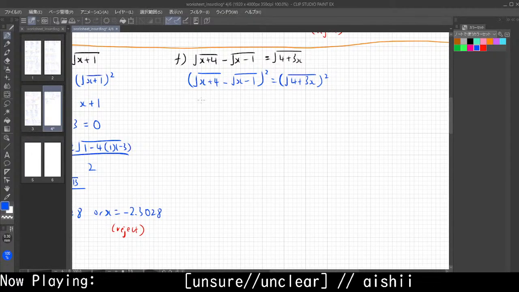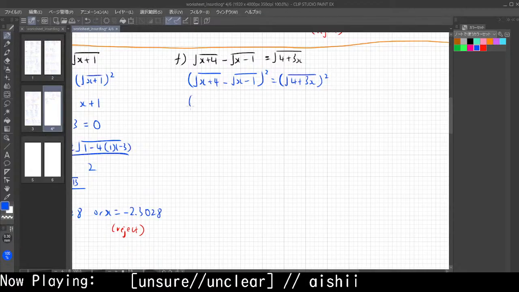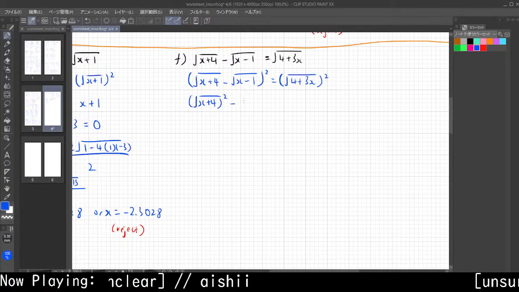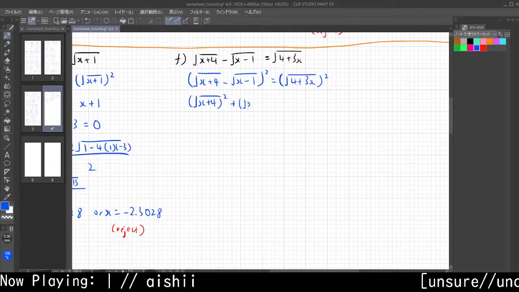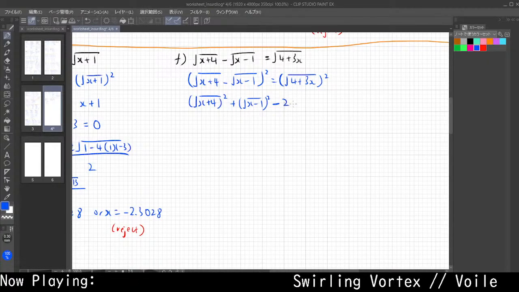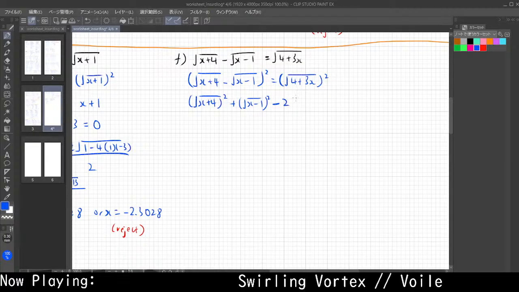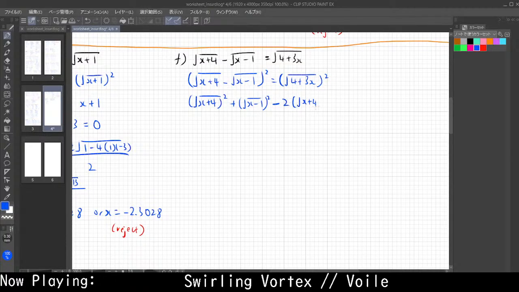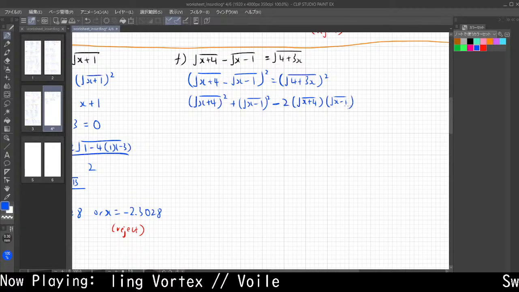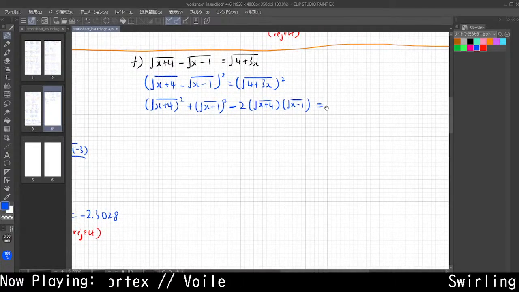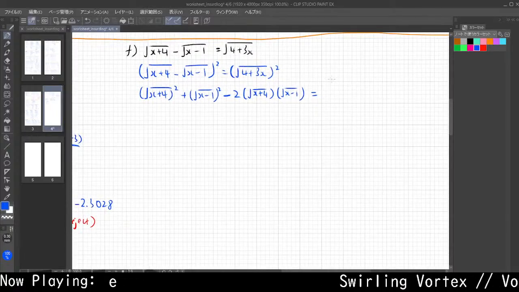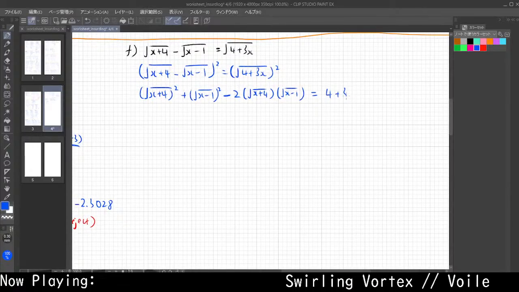Square both sides. So I'll just write it out carefully so you get an idea of what's going on. First thing square plus second thing square minus 2 times both things equals 4 plus 3x.